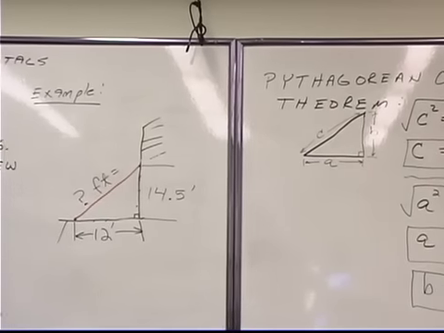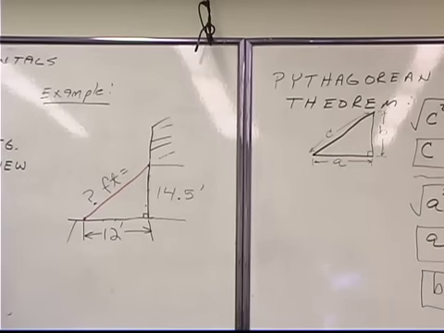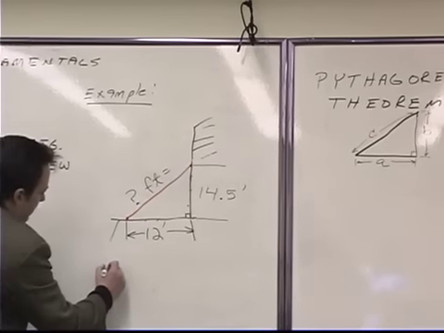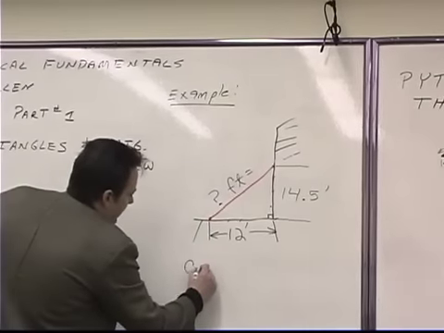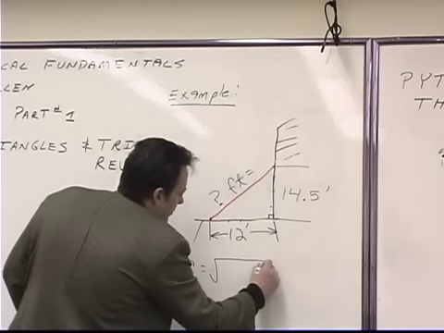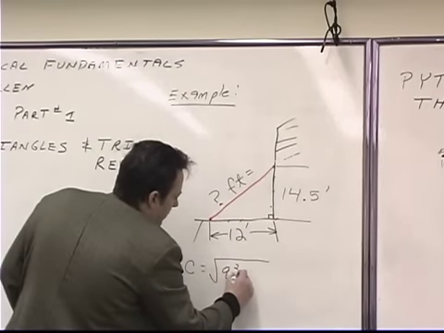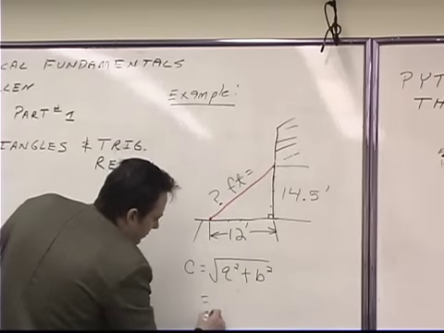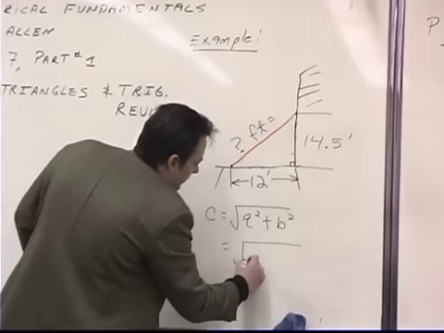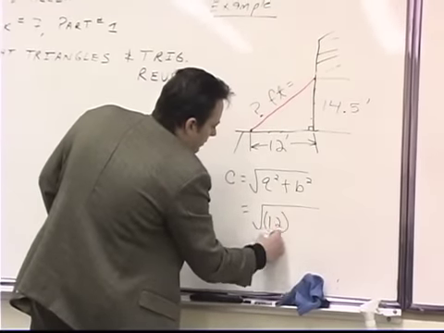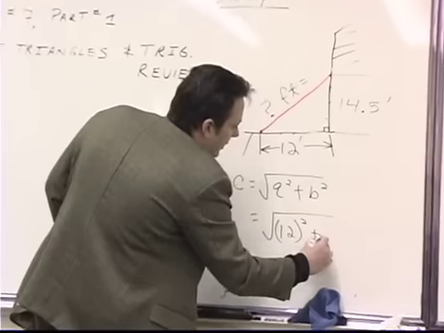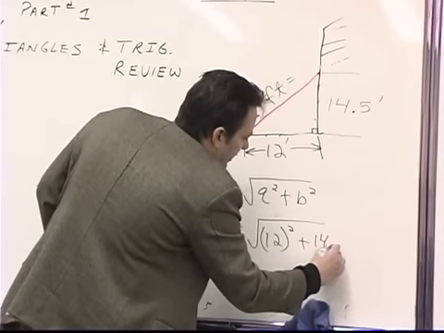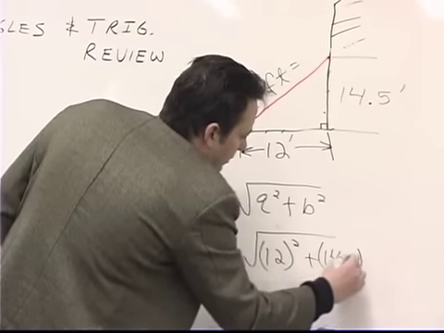It's usually not going to be exactly 90 degrees, but it's close enough that we can assume it's 90 degrees. And if we look back at our Pythagorean theorem, c is equal to the square root of a squared plus b squared, which is equal to the square root of 12 squared plus 14.5 squared.